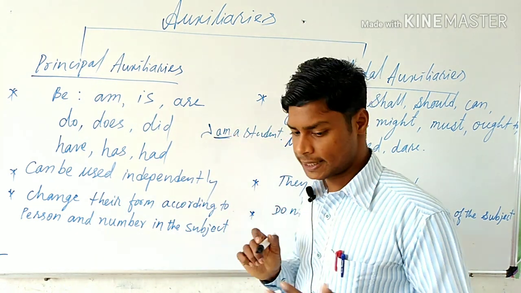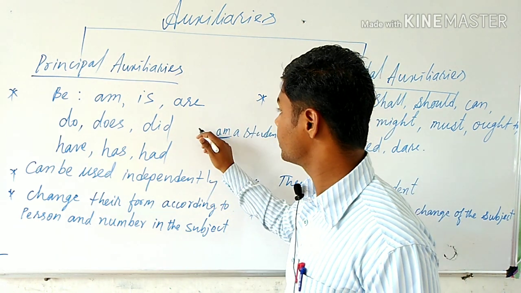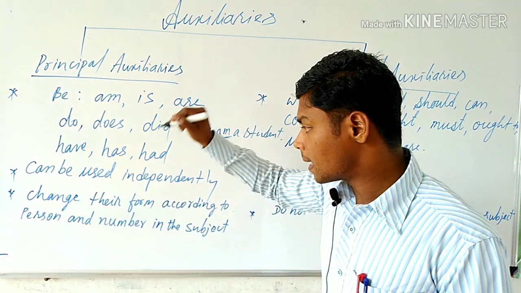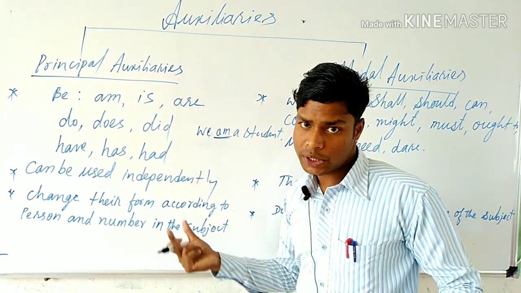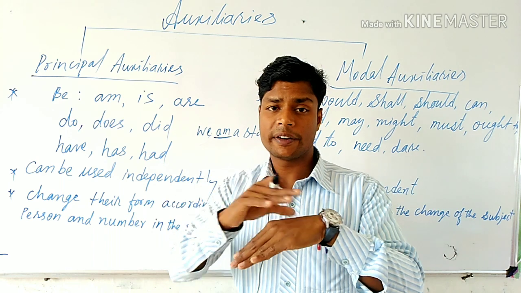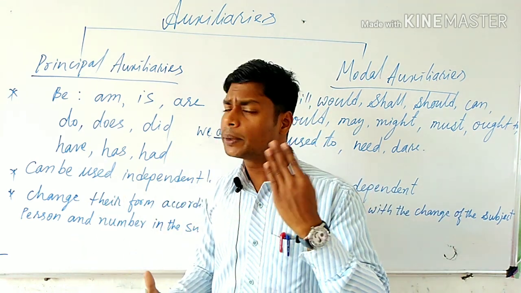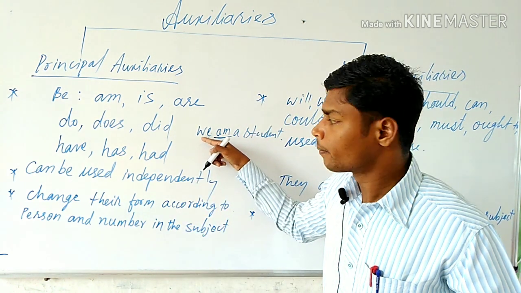So if we change the subject, for example, we write here we, with the change of the subject, respectively the principal verb also changes, because we have studied subject and verb agreement. A singular subject takes a singular verb, whereas a plural subject takes a plural verb. Now the subject became plural, we.